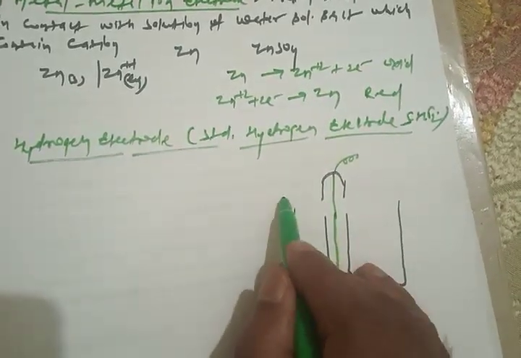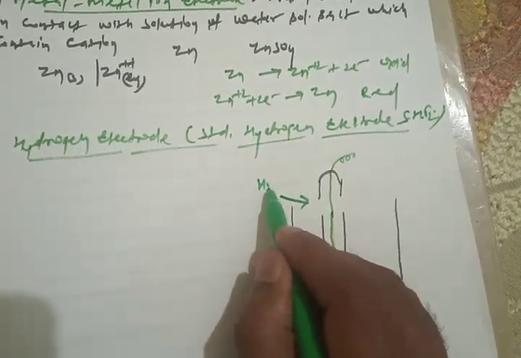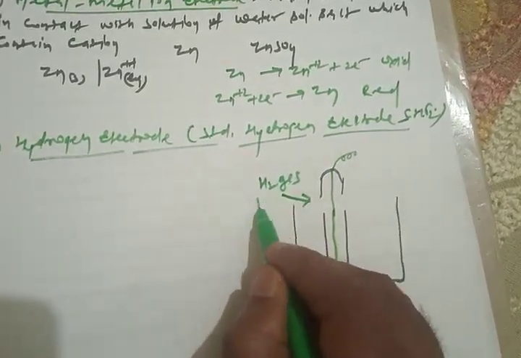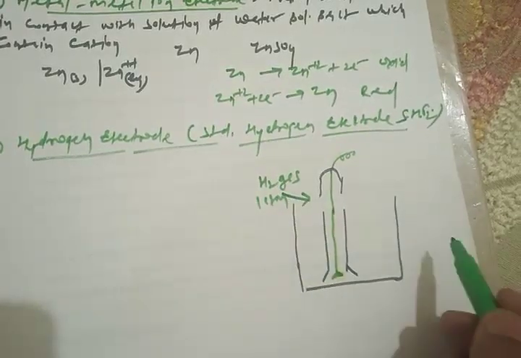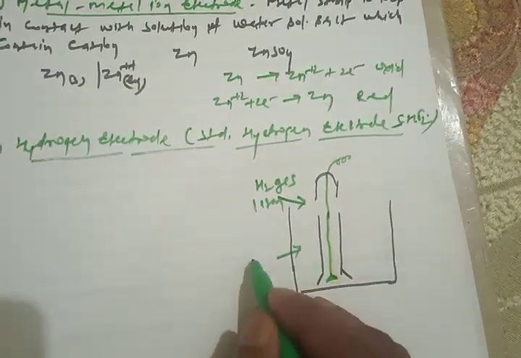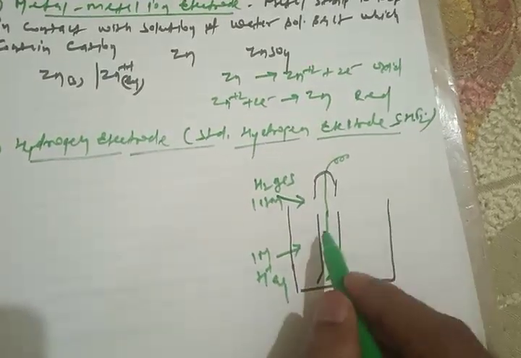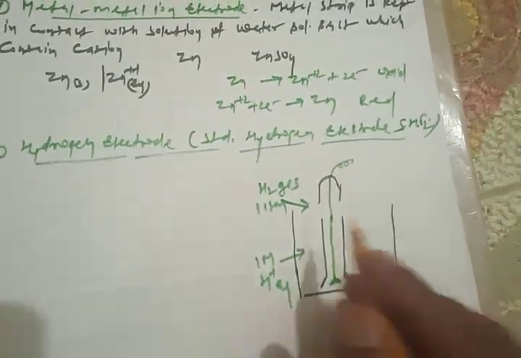From here we will insert the hydrogen gas at 1 atmospheric pressure. This is the 1 M H+ solution, you can take any H+.